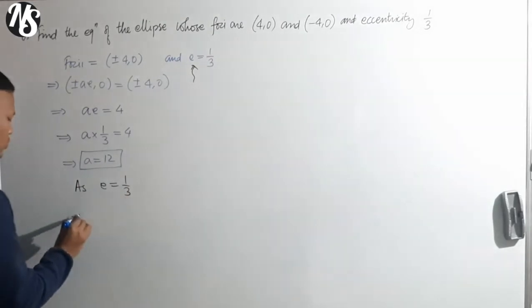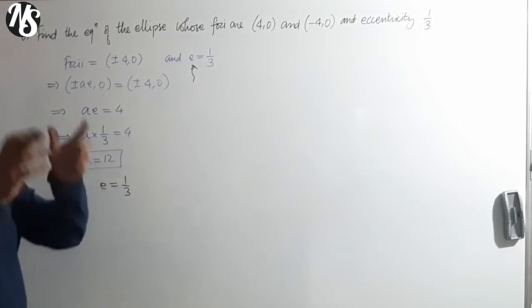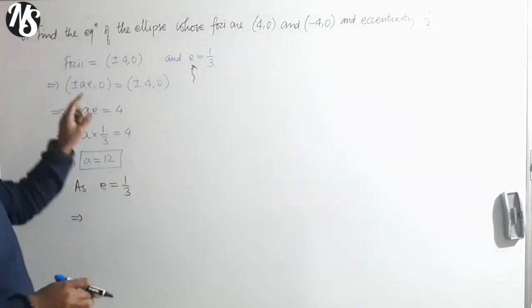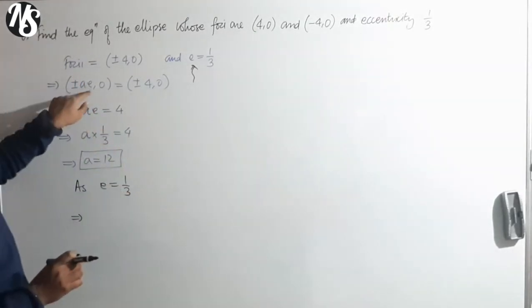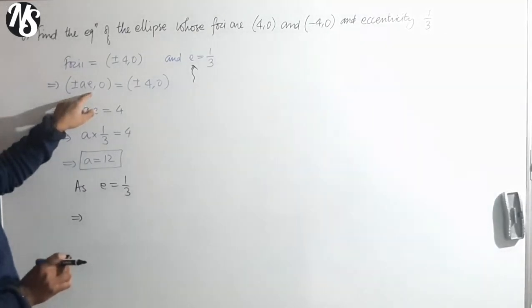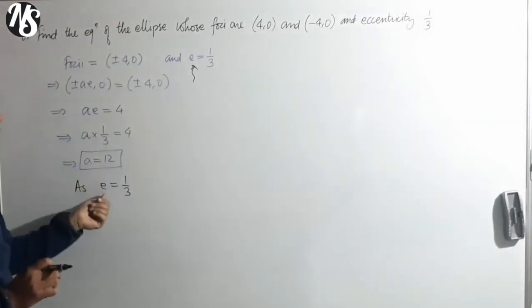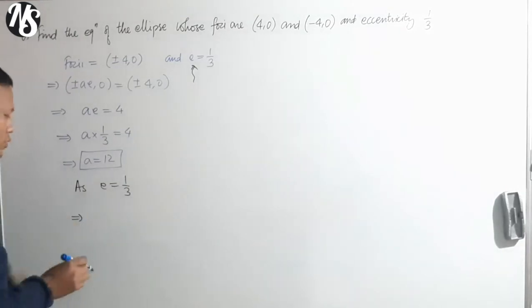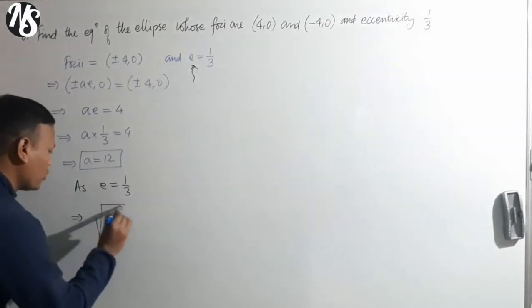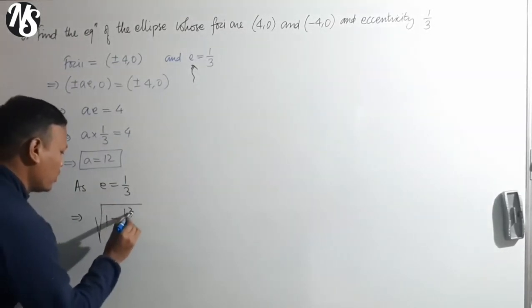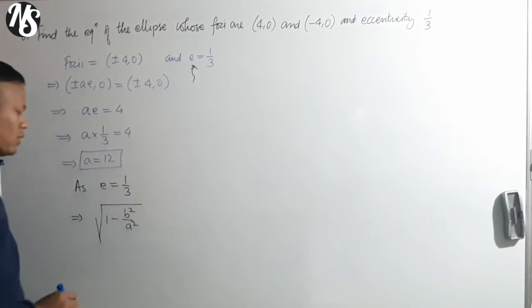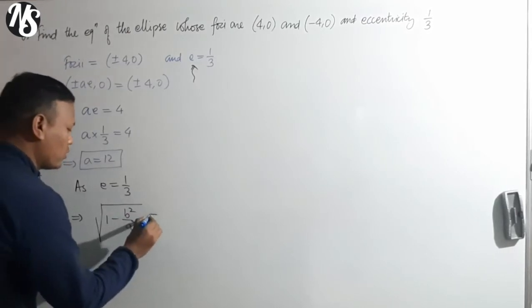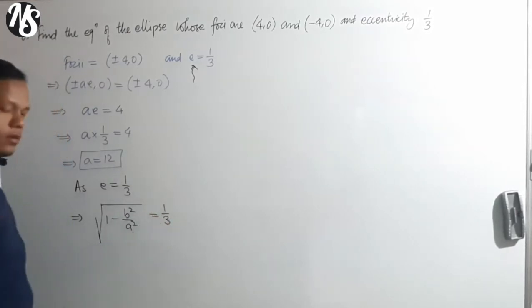Go back to the same table and pick from the same column. The formula for e is the square root of 1 minus b squared by a squared. So this is my eccentricity, and it equals 1 by 3.